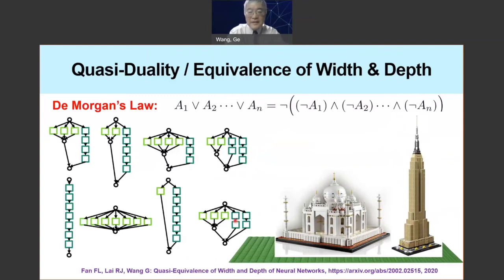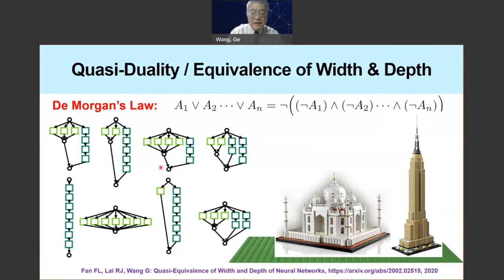From the perspective of De Morgan's law, the negation of a disjunction is a conjunction of negations. Inspired by this duality, we systematically analyzed the family of ReLU networks and proved that the network widths and depths are quasi-equivalent for either classification or regression tasks.